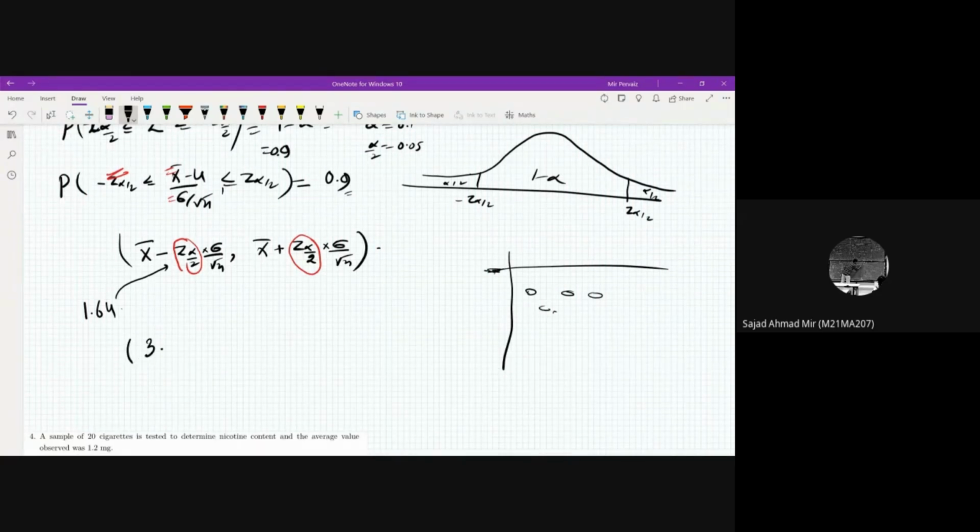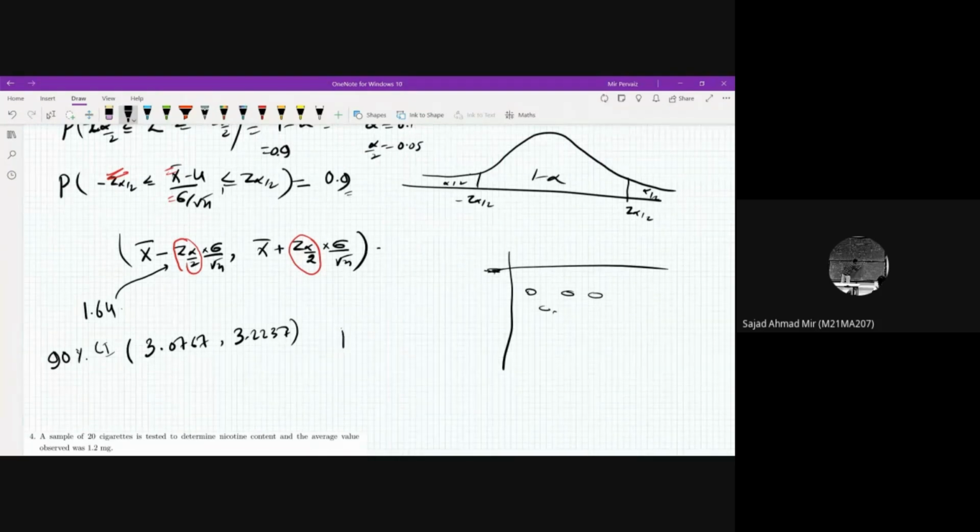You will get 3.07 after this addition and subtraction, and 3.2237. This is your 90% confidence interval for your mean under the pivot.